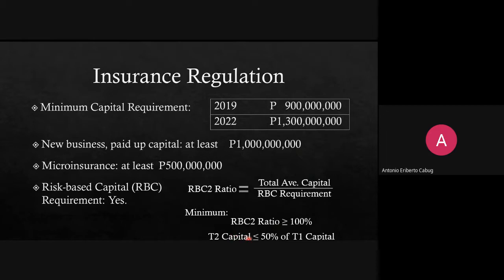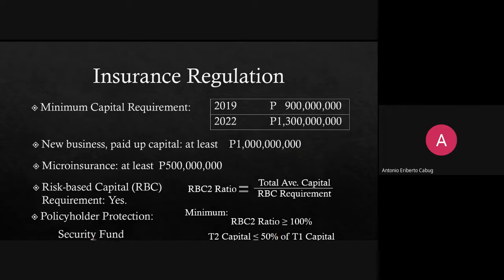Tier 2 capital should be at most 50% of the Tier 1 capital. At most, ha, this is the maximum. RBC2 ratio, minimum of 100%. Tier 2 capital, a maximum of 50% of the Tier 1 capital.